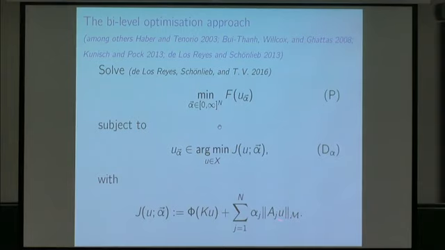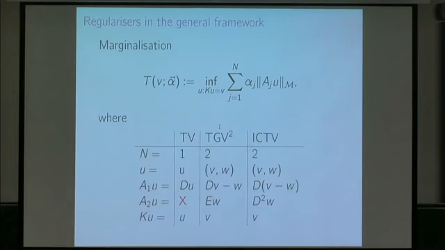It looks a little bit like these higher order regularizers, but it's more general. You have to choose your A's and K's intelligently to get, as a marginalization, either TGV or ICTV out of it. Like this, and TV as well comes out of this easily. But that's not really important.